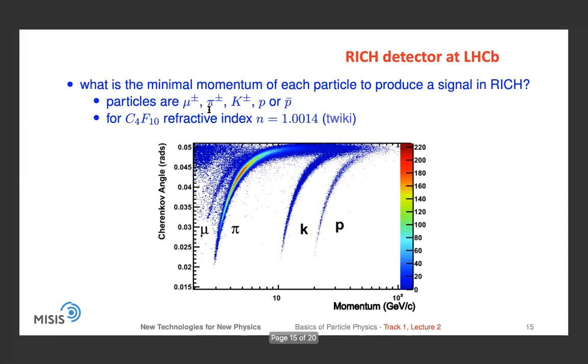So here for you is the material from which you can compute the answer to this question: what is the minimal momentum for a muon in GeV to produce Cherenkov light? For this, you need to know the refractive index of the material. It's equal to 1.0014. And by using this number and material from the previous lecture, you should be able to find an answer to this question.